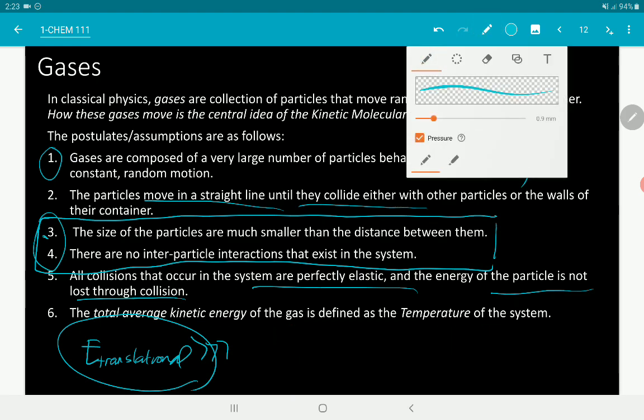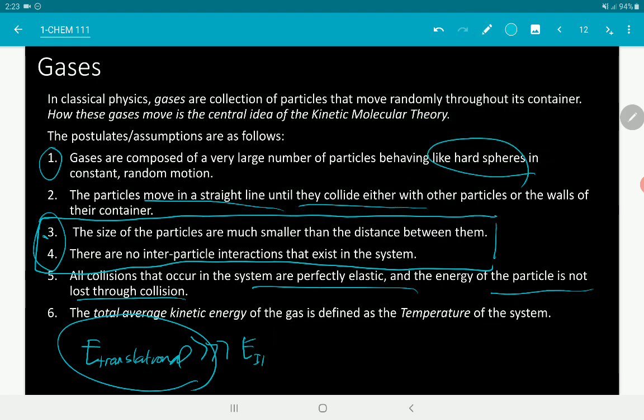So, kung merong mga IMFA na i-exert yung gas sa isa't isa, hindi na yun actually significant at very high temperatures. So, based on 3 and 4, at low pressures and higher temperatures, you get ideality. Yan yung ideal conditions.